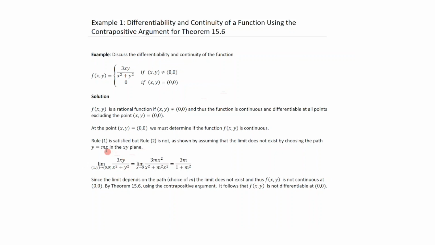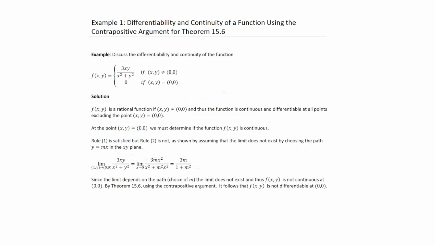So it would make sense in this case to choose y equals mx, at least it's one option. You could have also used substitution of variables because we have this x squared plus y squared in the denominator. Anyways, if you make this substitution in, then after simplification, we end up with the expression 3m over 1 plus m squared.